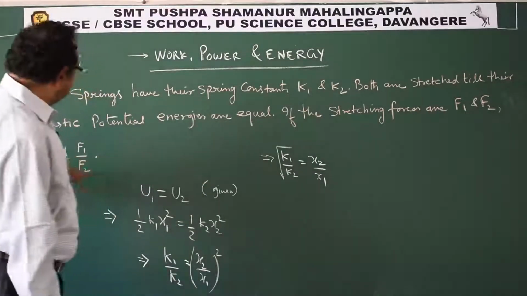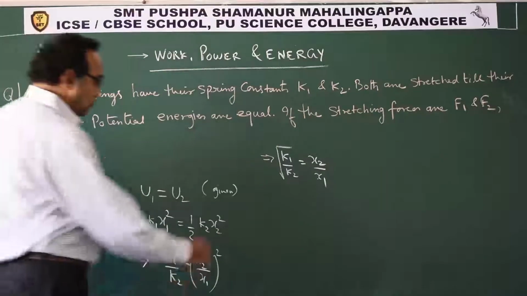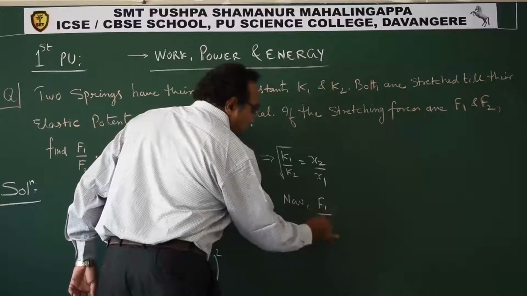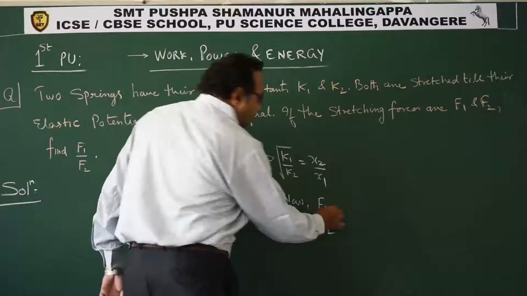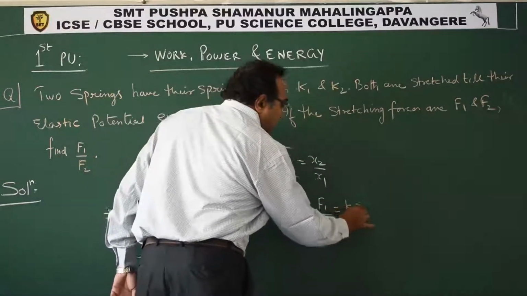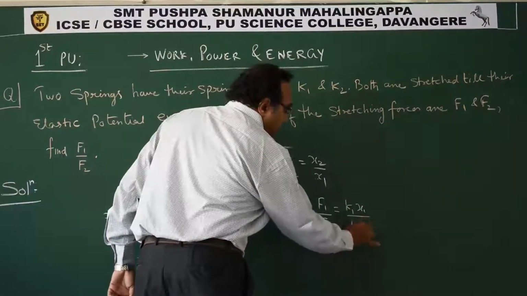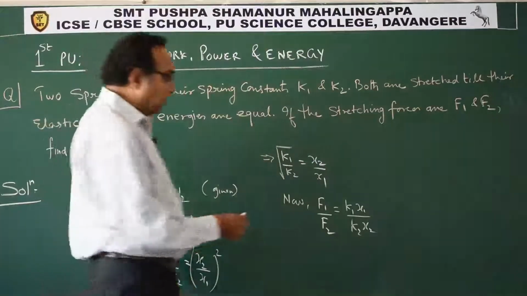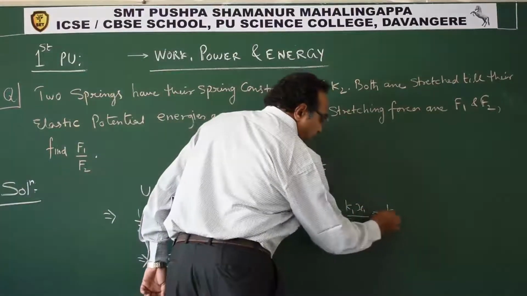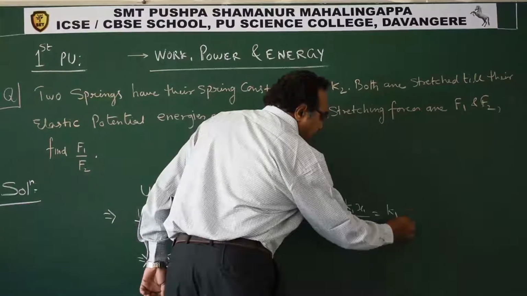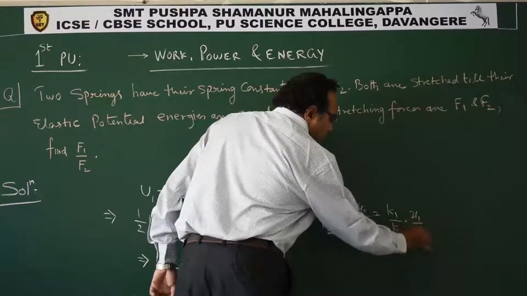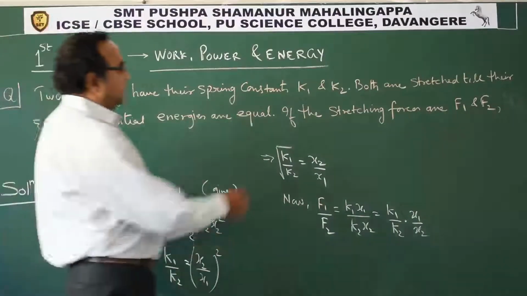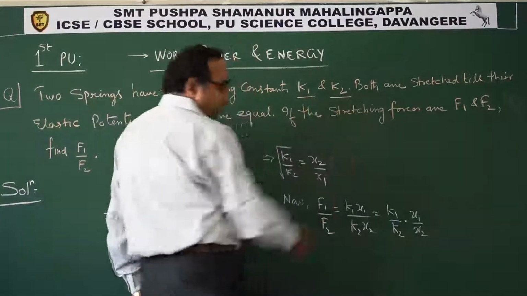Now we need to find the ratio of F1 by F2. So now F1 by F2 can be written as K1 x1 by K2 x2. This is what we can write. We know F is equal to K into X. So this is same as K1 by K2 into x1 by x2. K1 by K2 is given to us. So our answer should come in terms of this.